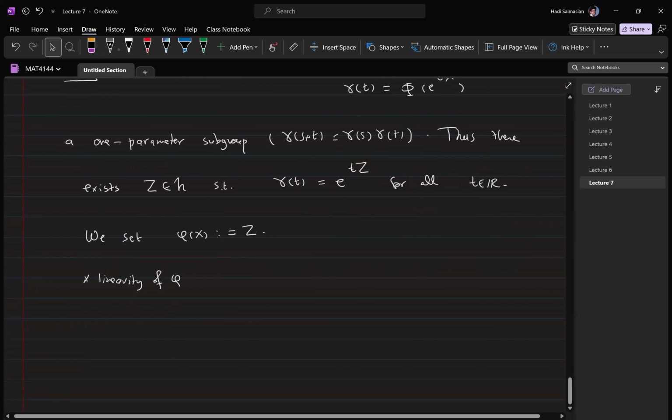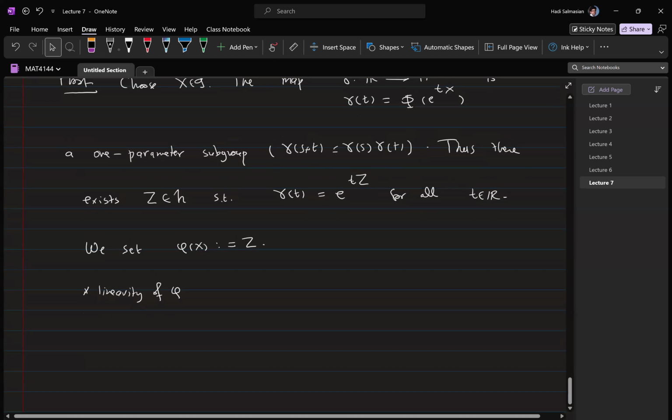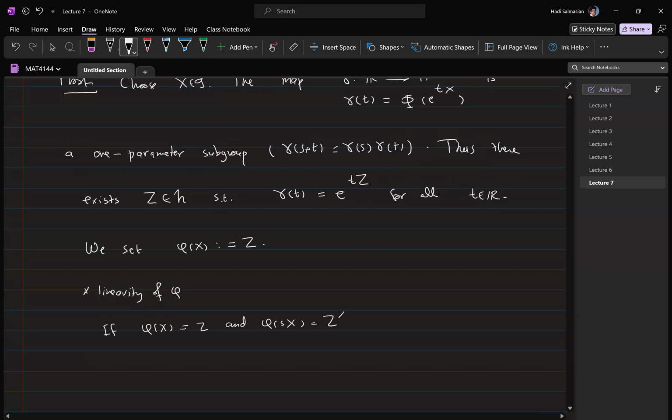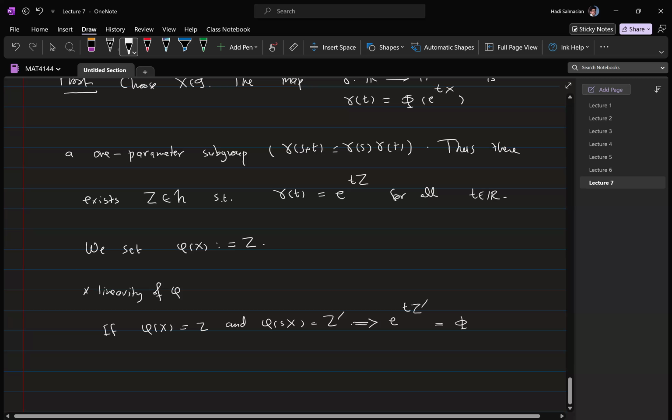So for this, we verify it's dilation invariant and addition invariant, like it preserves addition. What about dilation? So suppose that phi of x is z and phi of sx is some z prime. I want to show that z prime is just sz. So then what do I know? I know e to the power t z prime is phi of e to the t sx.